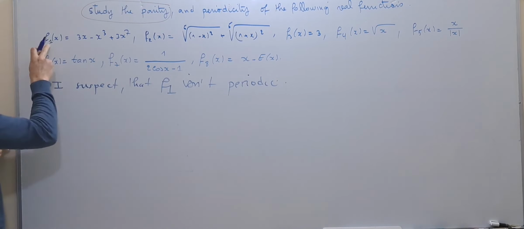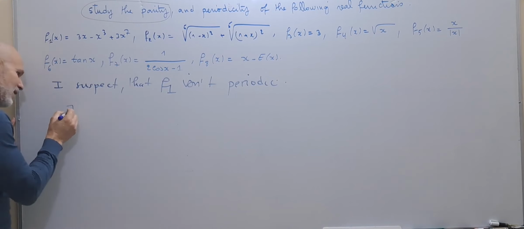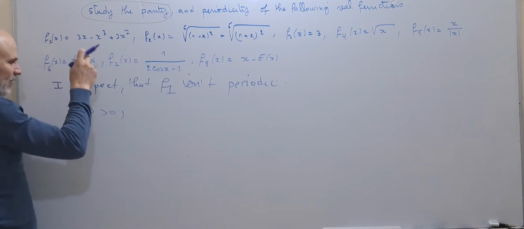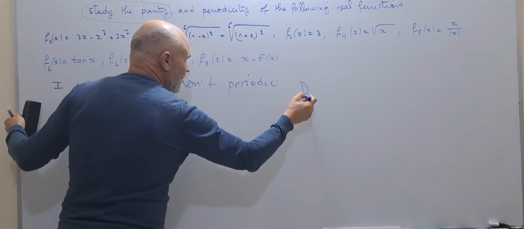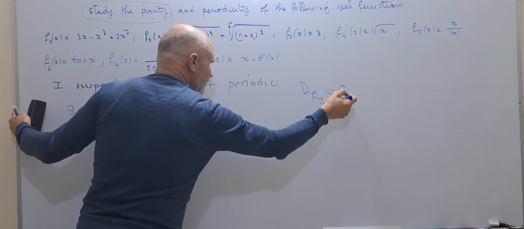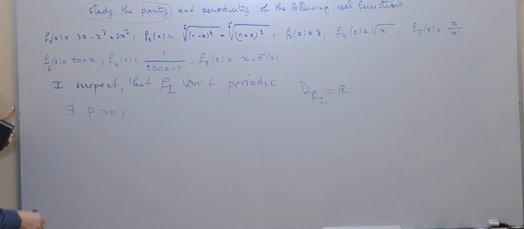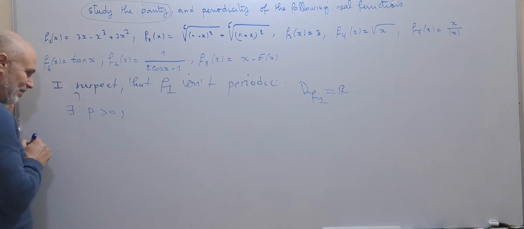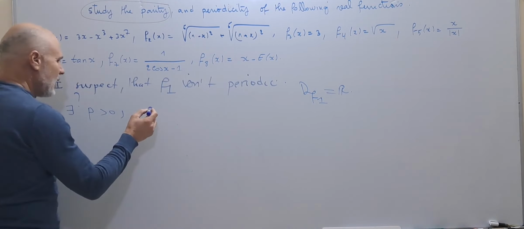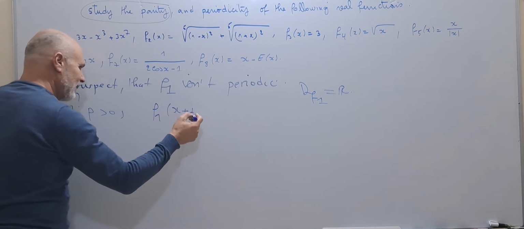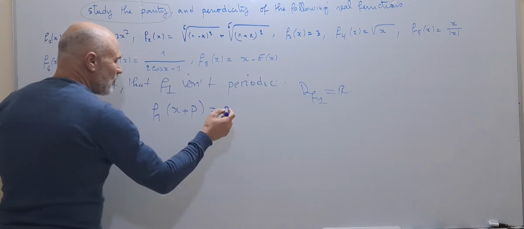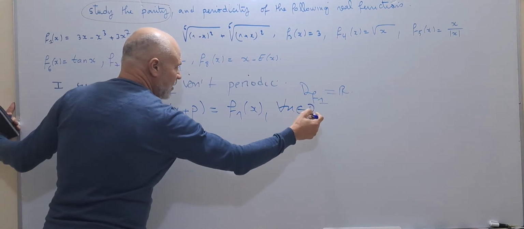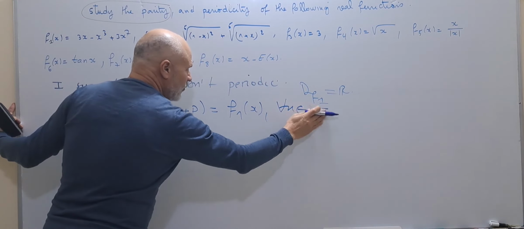Then I will try to verify that this is true. If f1 is periodic, this means that there exists P greater than 0. The domain of definition of f1 is R, so we have no problem with adding P to any given x. Does there exist a period such that f1 of x plus P is equal to f1 of x for all x in R?